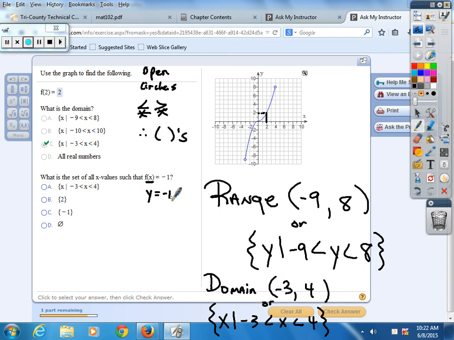So therefore, back in our pre-algebra days, you got a -1 right here, so that means we got to find an x at -1. So we take our handy dandy graph, and we find y is equal to -1. Here's -1 right here. There's your y, but what point of x? -1. Yep. So let me blow that up so you can see what I'm talking about.